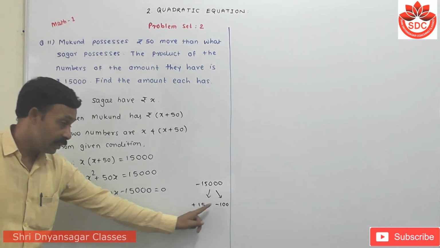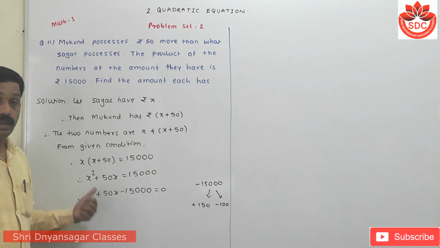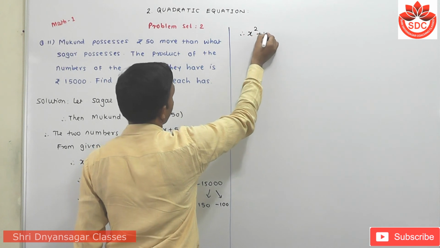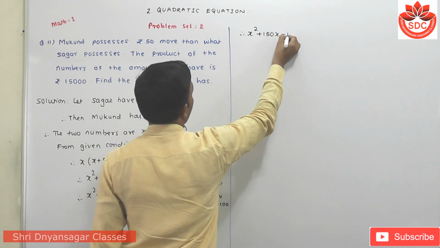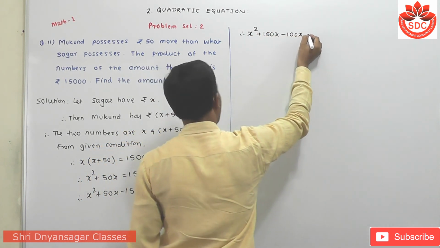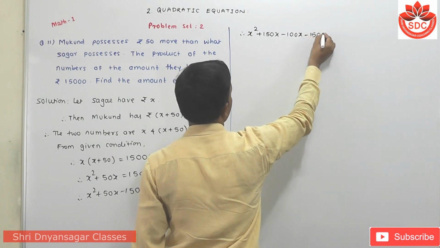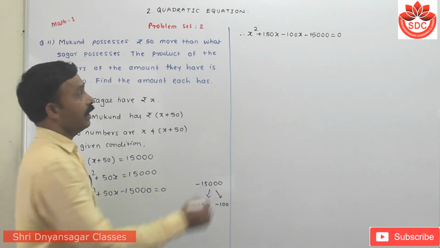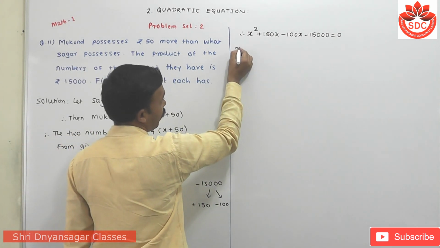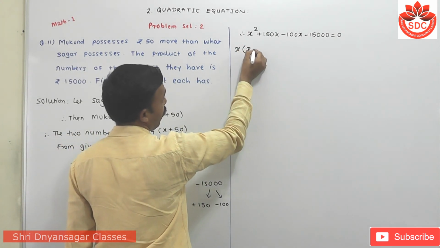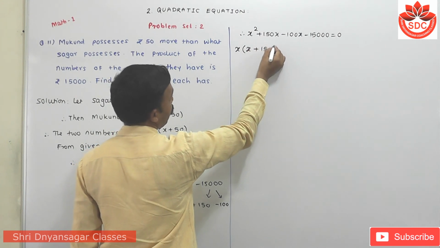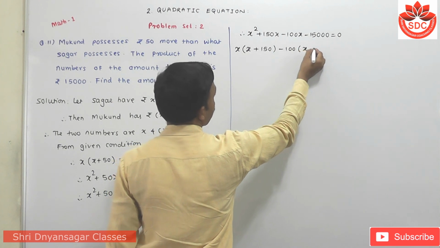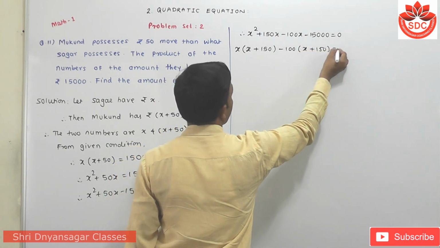So split the middle term. Therefore, I have to write x square plus 150x minus 100x minus 15,000 is equal to 0. Then take the group of two terms, take common here x, the remaining is x plus 150, then minus 100 times x plus 150 is equal to 0.